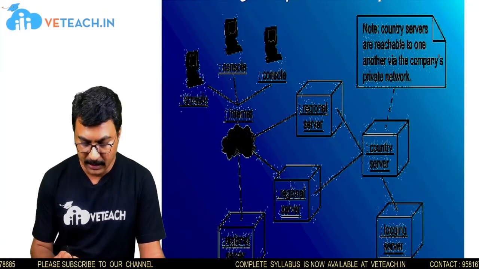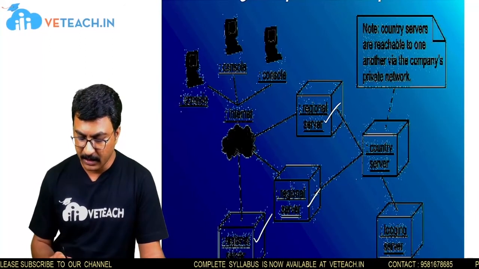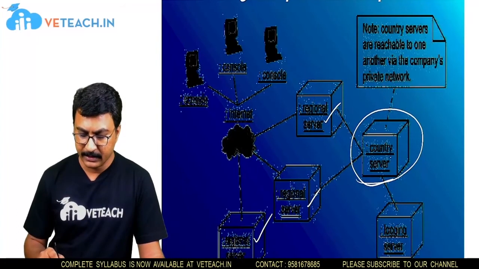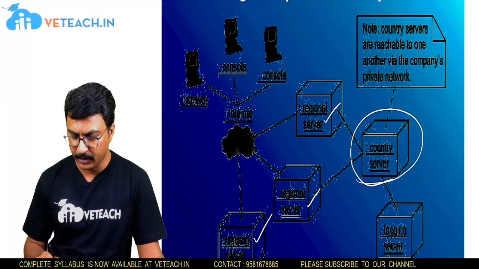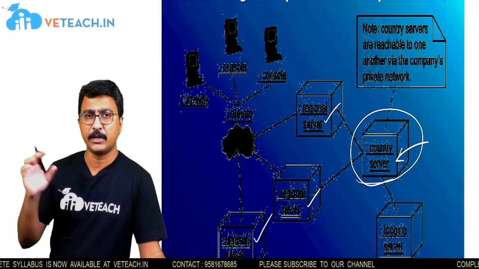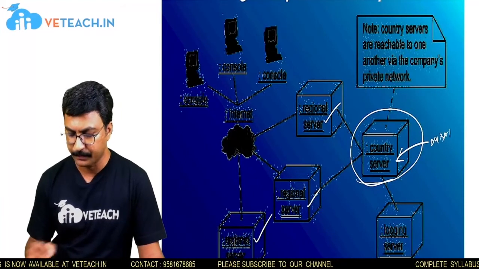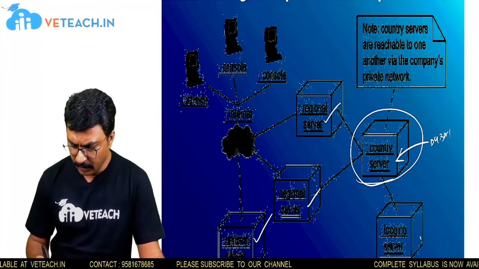So you see here there is a regional server, and these regional servers are connecting to a country-wide server. A country-wide server means that this is a physical location. I am trying to denote it as a physically located location, like I am calling it a Dubai server, a server physically located at Dubai. And there is a logging server.